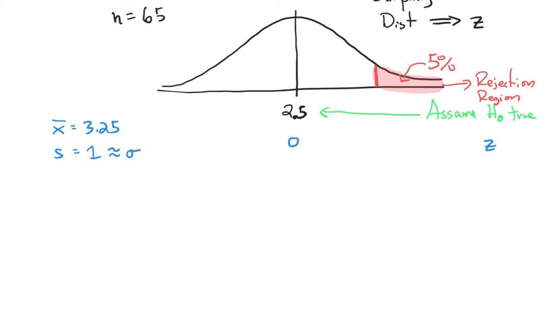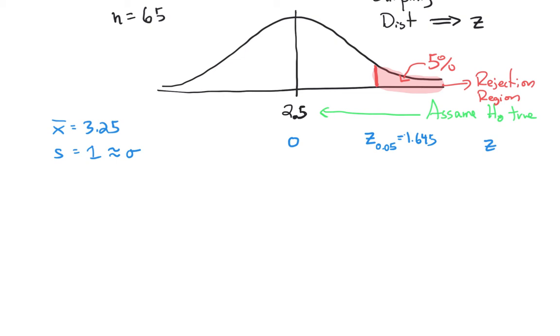So we have to ask, well, how many standard deviations above the mean is the largest 5% of the data? So we have to look this up in our table. We call this our z, in this case, z of 0.05. And we can look that up in our table, and if we do, we get 1.645.